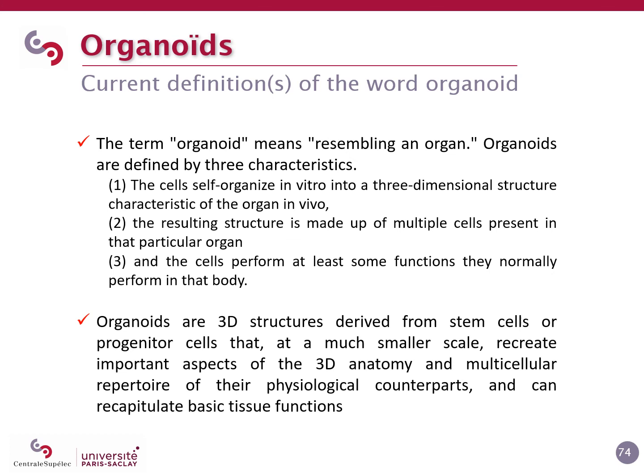Organoids are 3D structures derived from stem cells or progenitor cells that, at a much smaller scale, recreate important aspects of the 3-dimensional anatomy and multicellular repertoire of their physiological counterparts and can recapitulate basic tissue functions.